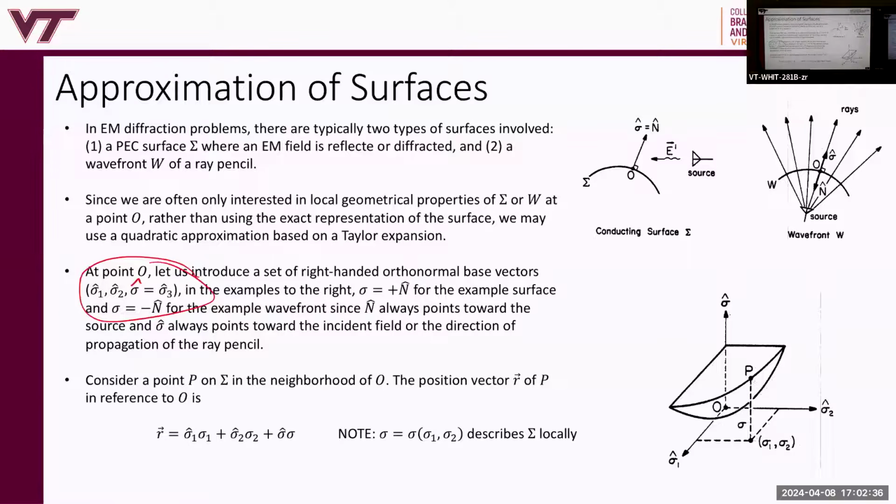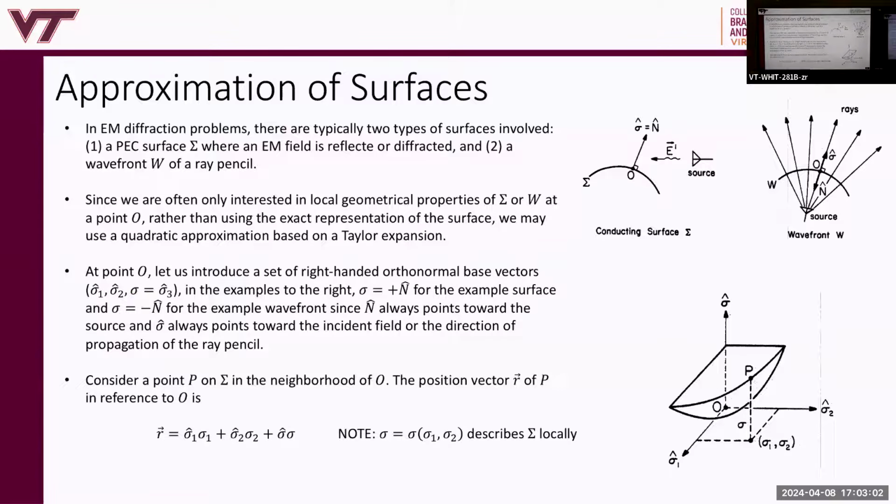In the examples to the right, sigma hat is plus n hat for the example surface, so it's plus n here. These are in the same direction. And sigma hat equals minus n hat for the wavefront because of how we define the normals to these surfaces to point. So here's the convention.